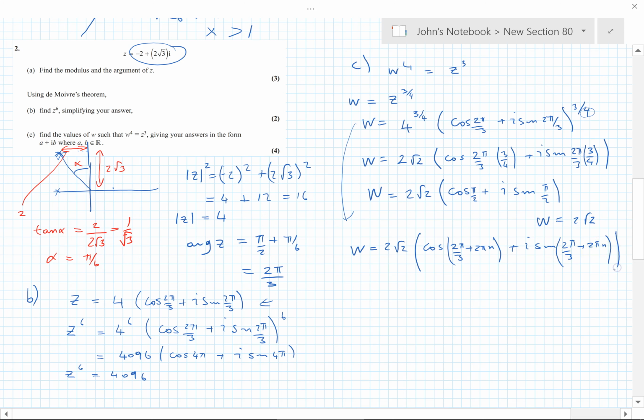Probably should have done this from the start, to be honest, but we've got the basic one here and we'll get the other 3 through what we're doing now, and we're still on 3/4 here.